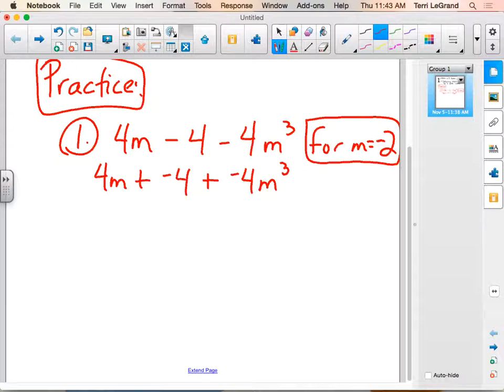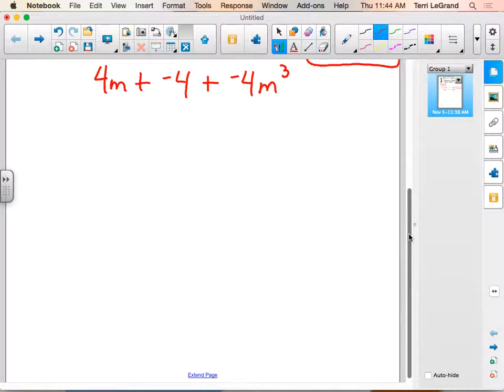Negative 4m to the third power, then plus 4m and plus negative 4. Yeah. Negative 4m cubed would be first. The next term would be plus 4m, plus negative 4 last. Remember I said the constant, if there is a constant, will always be last in our polynomial. So now we're going to do the substitution step.